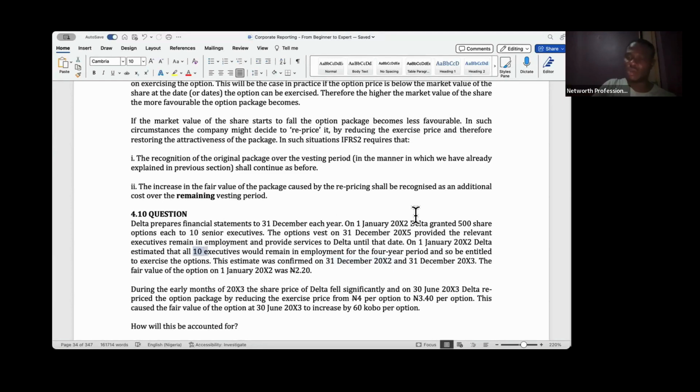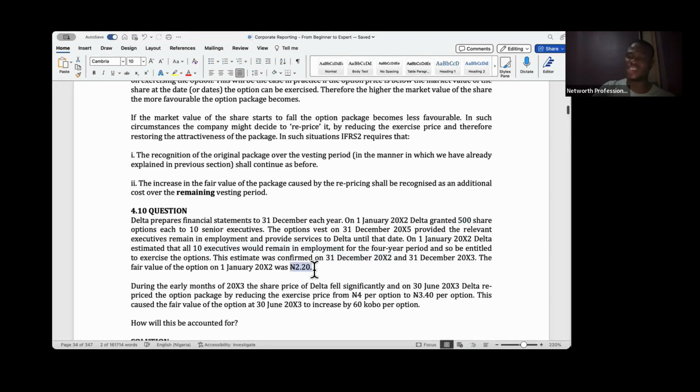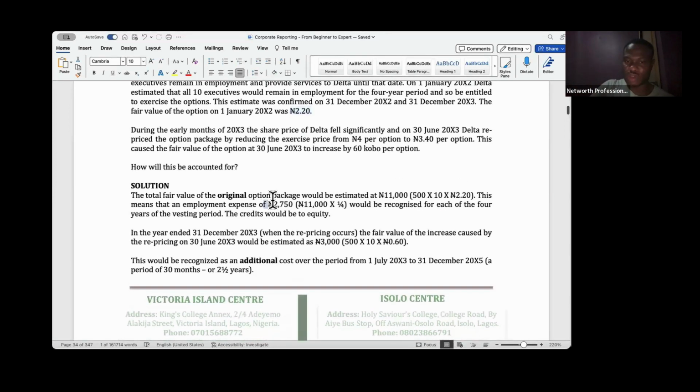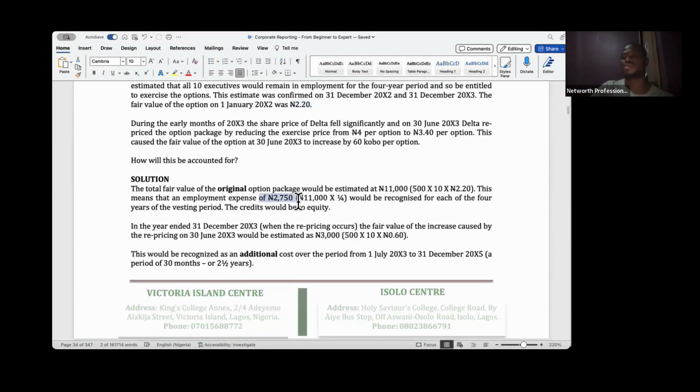This 10 multiplied by 500 multiplied by 2.2 gives me the value at the end of that year. So now we are talking about 4 years, and I need to recognize year 1. So I'll simply prorate it by multiplying it by 1/4. When you do that, that's what I've explained here. That will give you 2,750.